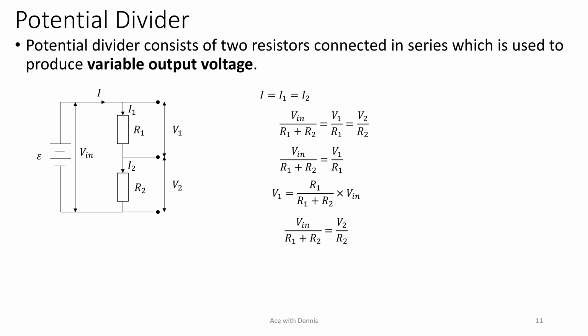Similarly, for the second resistor, V in over R1 plus R2 equals V2 over R2. Therefore, the potential difference across the second resistor, V2, equals R2 over R1 plus R2 times V in. So this is the formula for the potential divider.